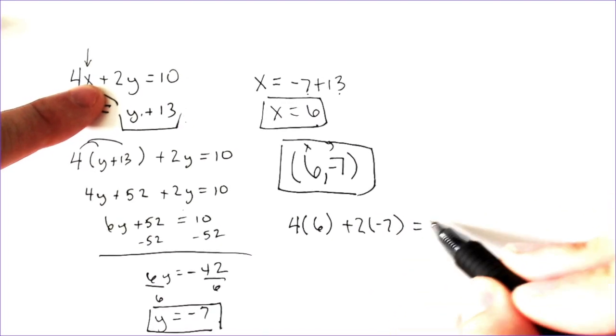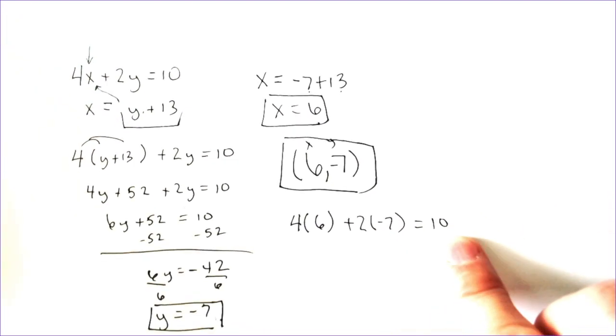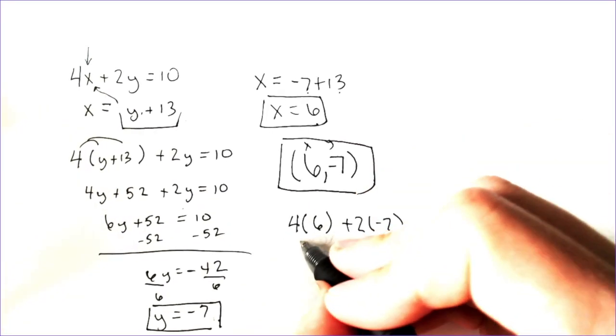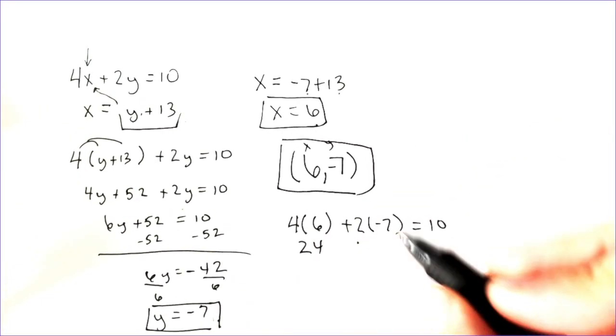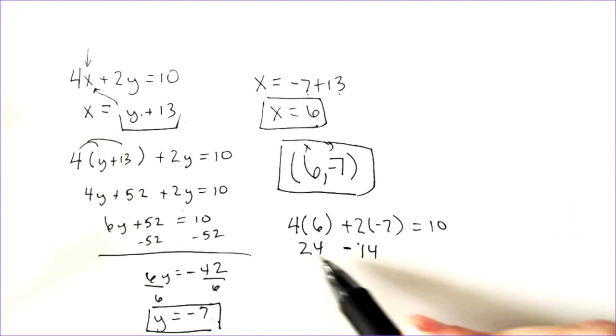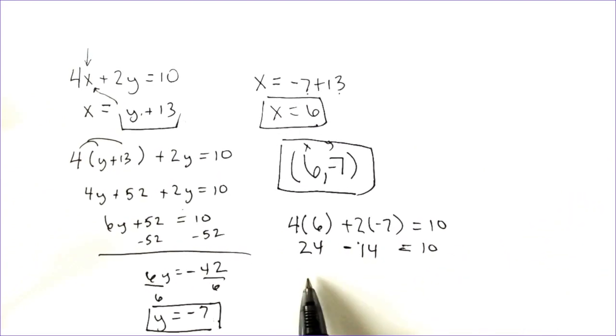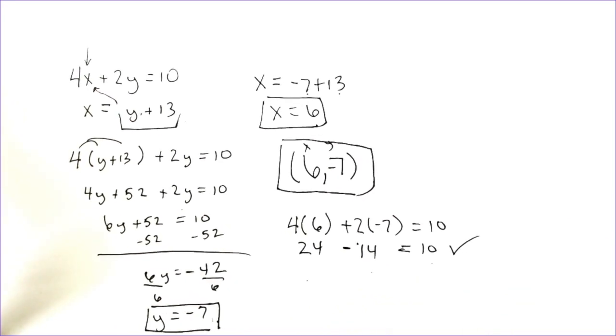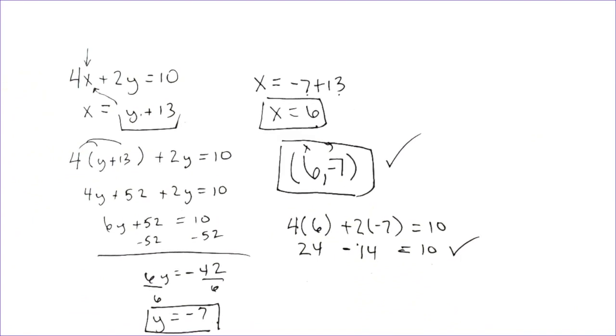And if this is a correct answer, this had better equal 10. If it doesn't, we messed up somewhere. 4 times 6 is 24. 2 times negative 7 is negative 14. And does that equal 10? Does 24 minus 14 equal 10? Absolutely. That means that we got it right. And 6 comma negative 7 is the answer for x comma y in coordinate point form.